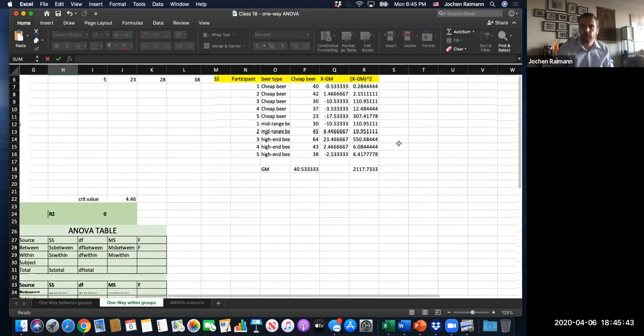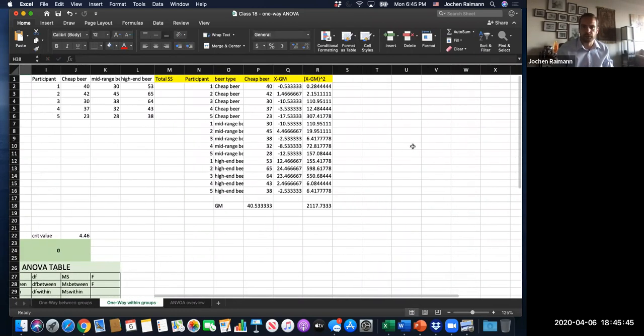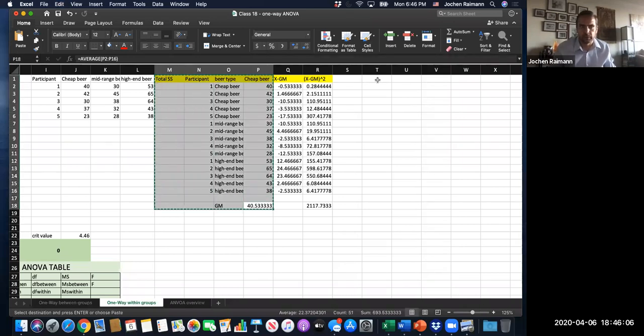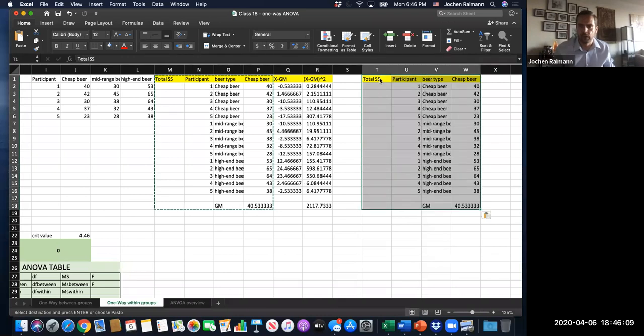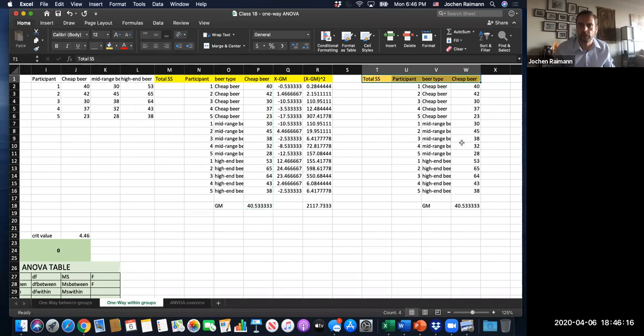Okay. So now we need another one though. What we need now is the between groups difference, the sum of squares between groups. So now we're calculating this again. Let's take a different color just to be distinguishing this.